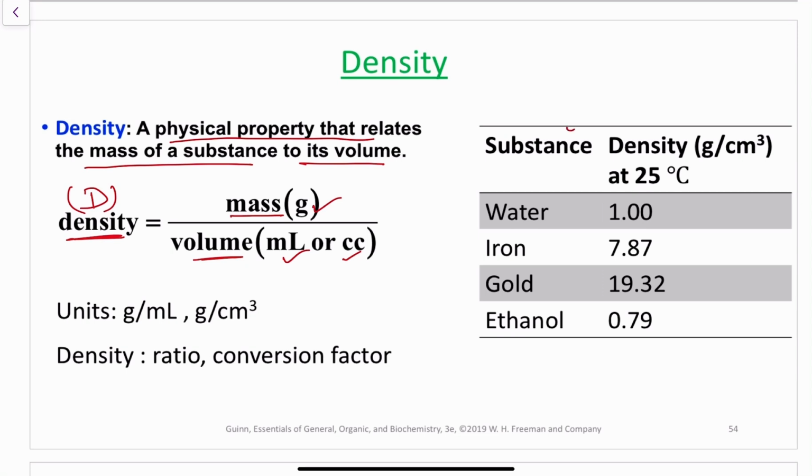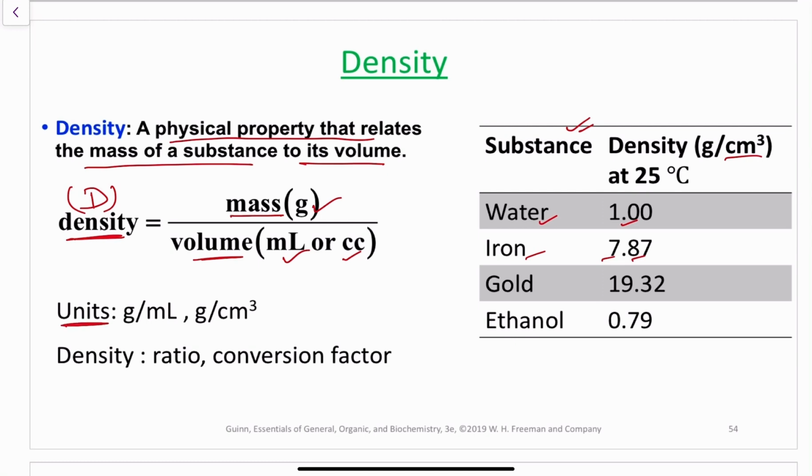For example, if you see this table over here, water has a density of 1 gram per cubic centimeter, iron is 7.87. So if we know the density of any random object, by comparing that number with the table given with the standard objects, we can figure out what that object is, right? So that's why density is very important.